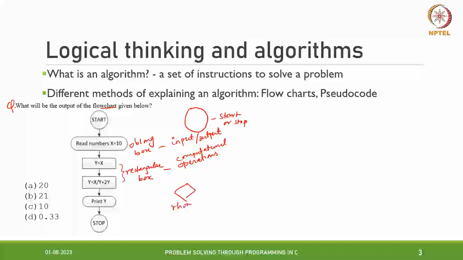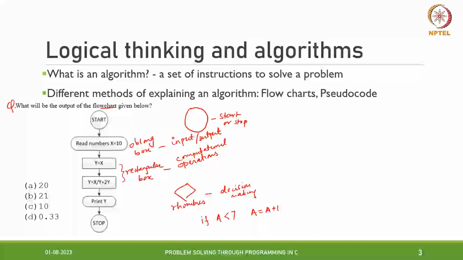The rhombus is for decision making operations. Let's say I have a variable a. If a is less than 7, then I want that a should be incremented by 1.